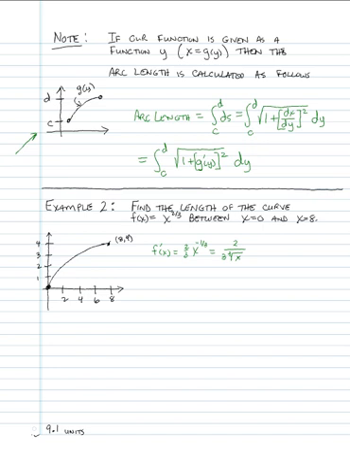But this is a problem, isn't it? This is undefined when x is equal to 0. That is, the derivative is. But we're going to have to integrate from 0 to 8. And so we've got a big issue here.